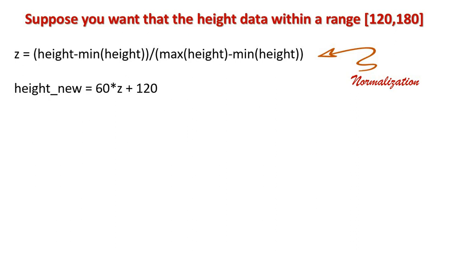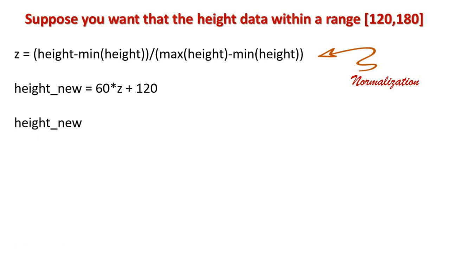The maximum one will have a value of 1 and the minimum one will have a value of 0. And now for converting those values to the new set of values lying between 120 and 180, we take 120 plus the range, so 180 minus 120, that is 60, multiplied by the value of Z. So this will actually convert the height of the individuals within a new range of 120 to 180.